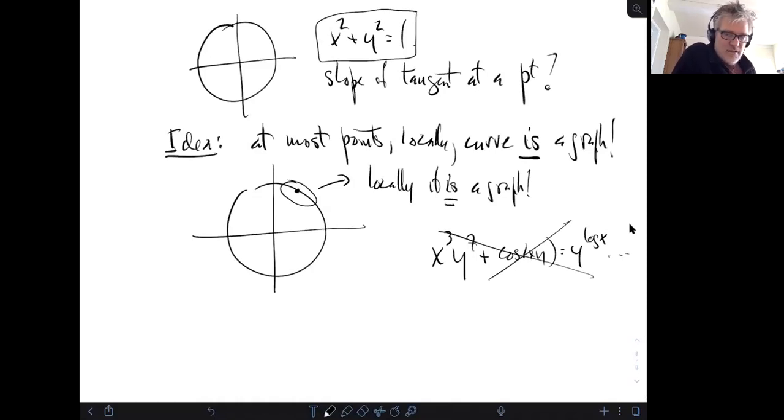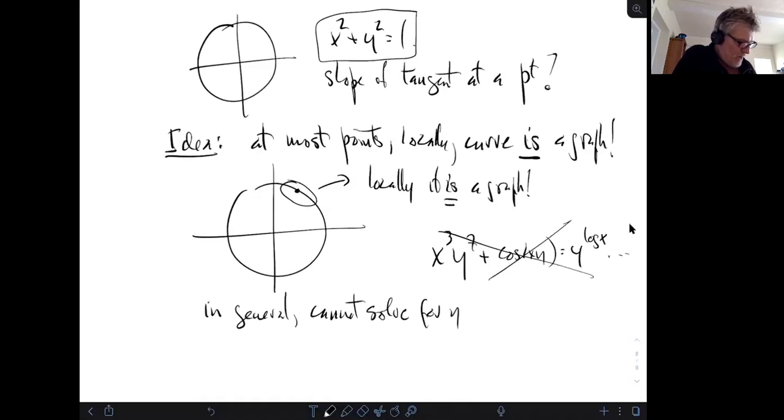But you can still consider y as a function of x, even though you don't know it explicitly, okay? So in general, you cannot solve for y, but y is still a function of x implicitly.